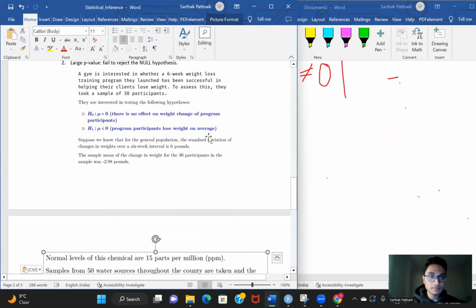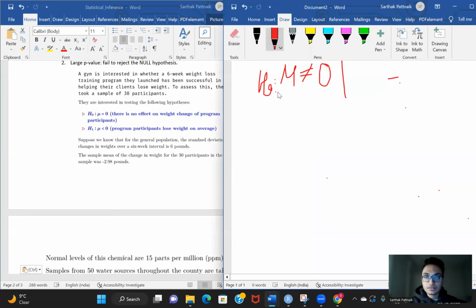Here mu naught is 0. We have also been given the population standard deviation, the sample mean of the participants, and the number of participants. Let us write down all these values.